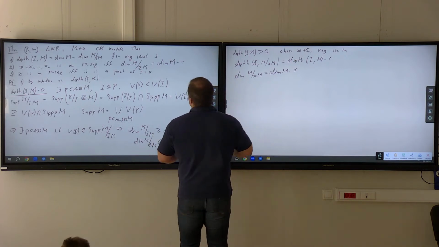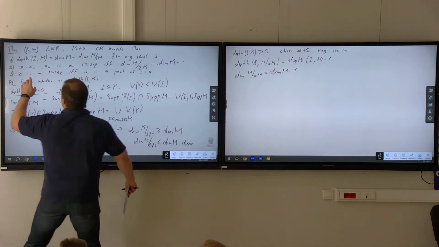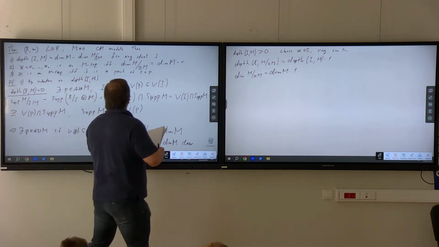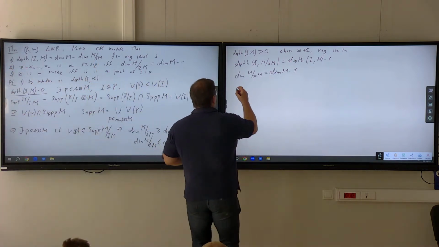And so you see that in this formula, the left-hand side and the right-hand side both drop by 1 when you take a quotient by a regular element.